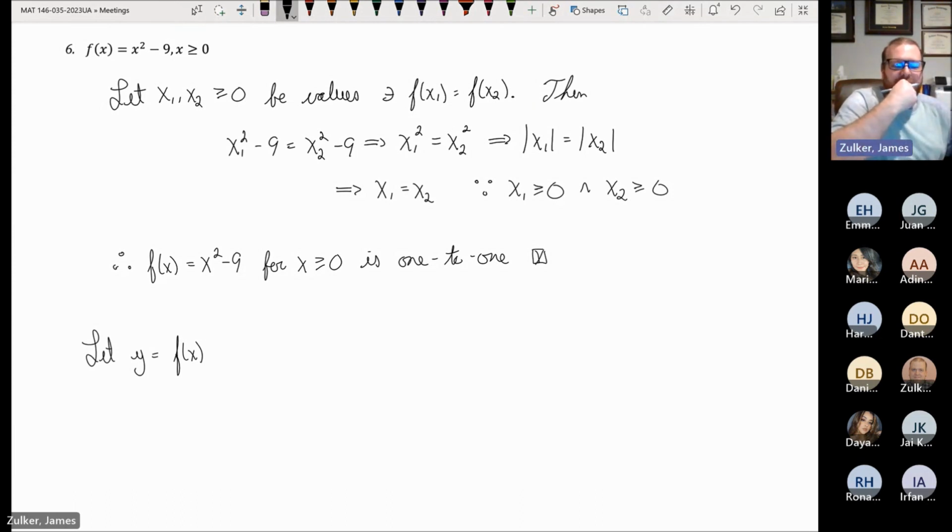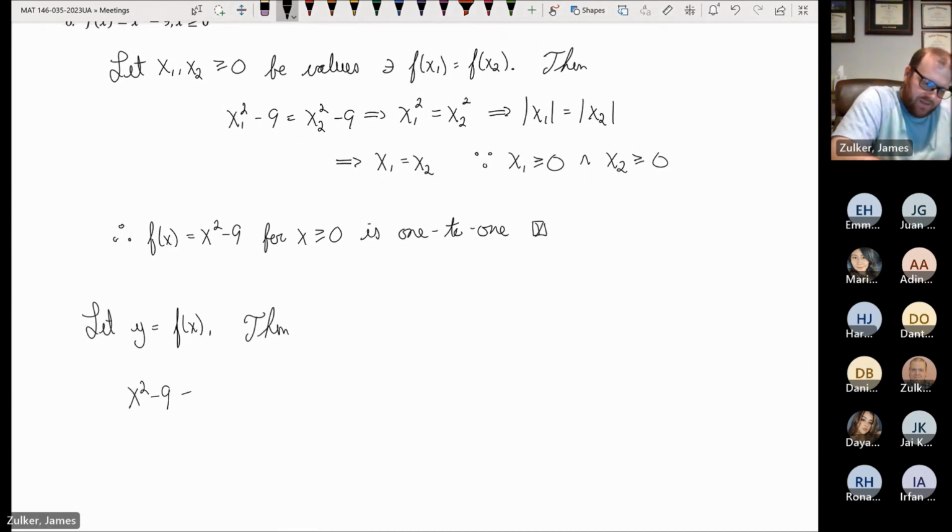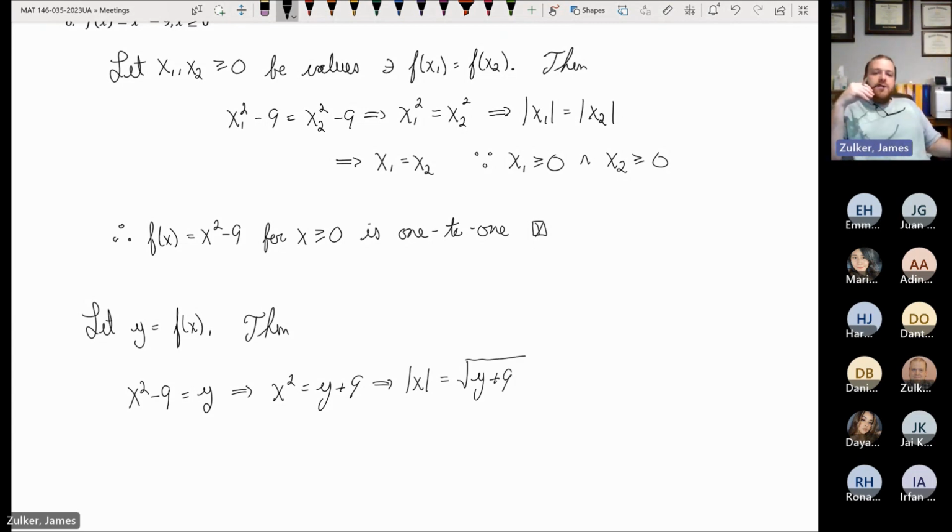Right, now let y equal f of x. Specifically, y has to be in the range of f. Right, x squared minus 9 would equal y. Solve for x. x squared would have to be y plus 9. Which means the absolute value of x would have to be the square root of y plus 9.